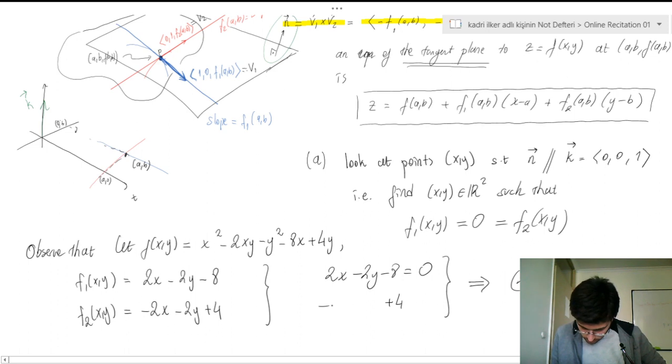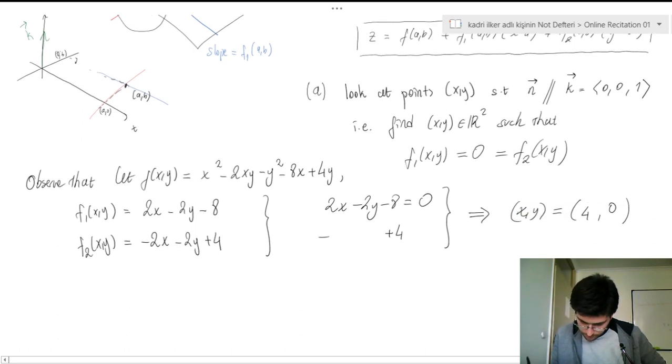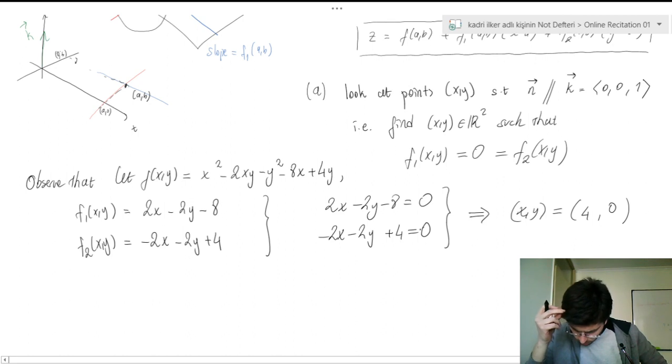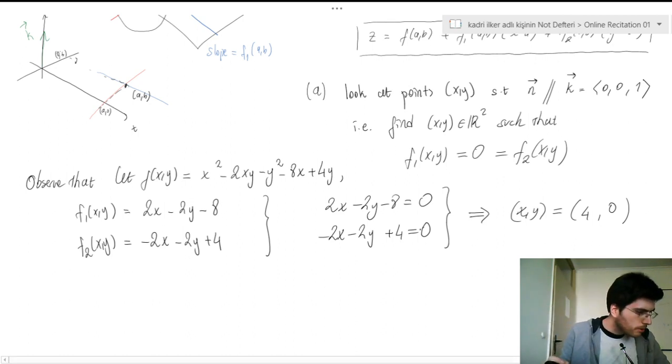Okay, so we have minus 2y plus 4 equals 0. So this is the result. Fine. Is that correct or possibly not? So this is not true.